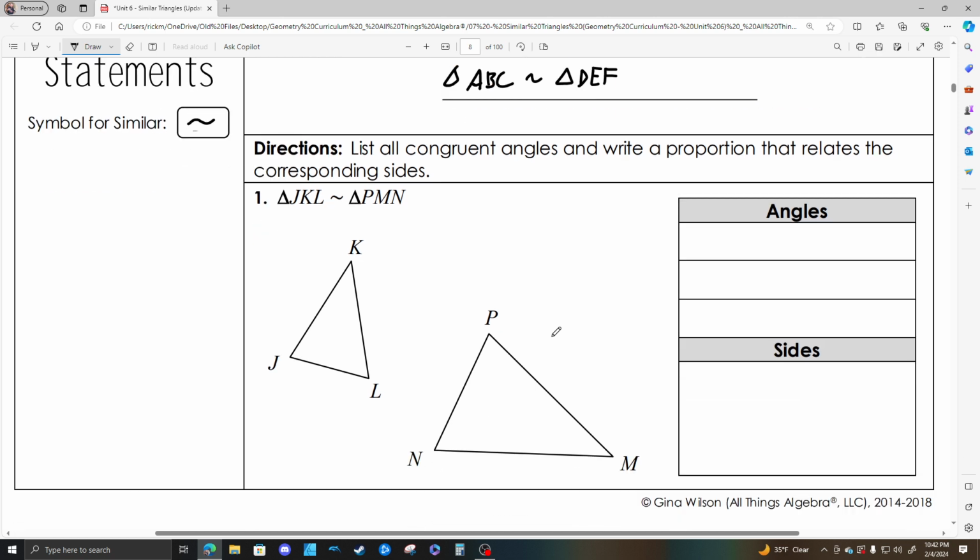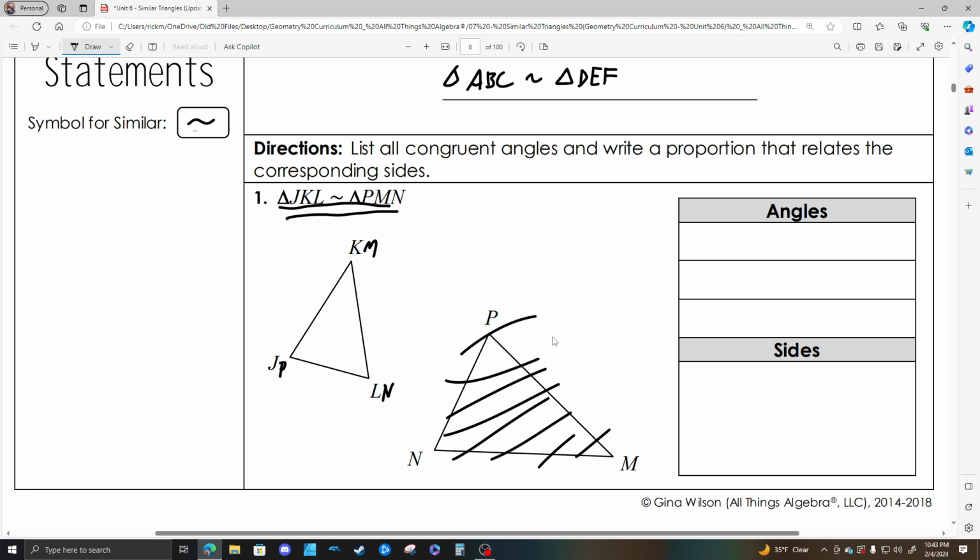All right, so list all congruent angles and write the proportion that relates to the corresponding sides. So again, the cheat code to this is to just use this statement here to match it up for us. So if we have JKL, PMN, so JKL, P, M, N. Right? And now they don't even give us sides or anything. We don't need this anymore. That's just more information than we need. So angles.